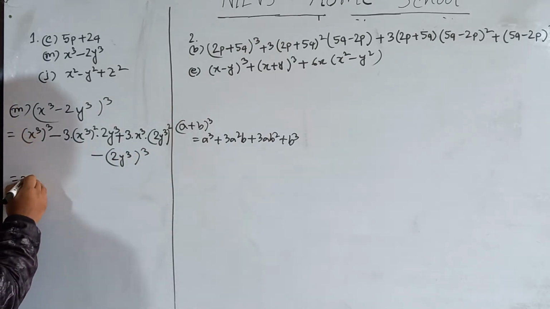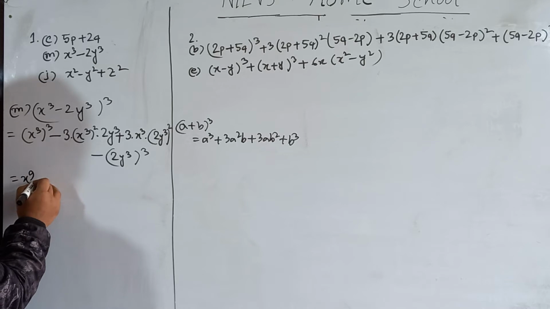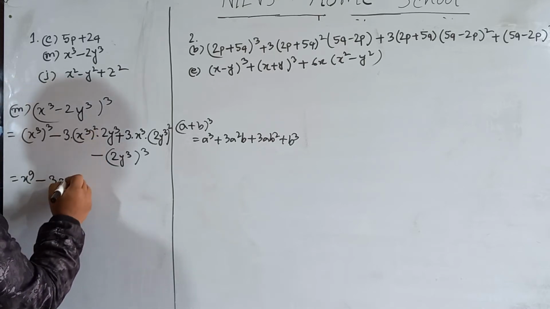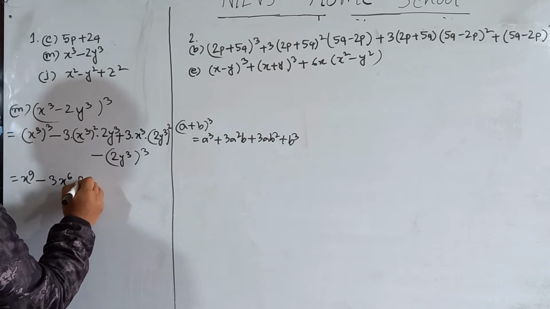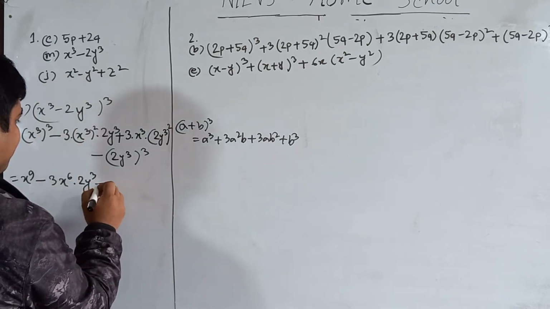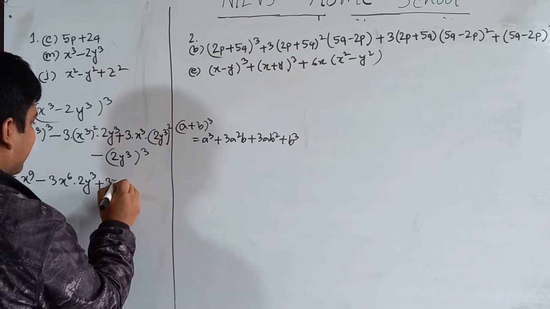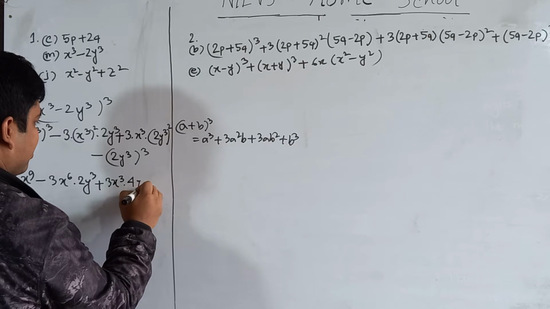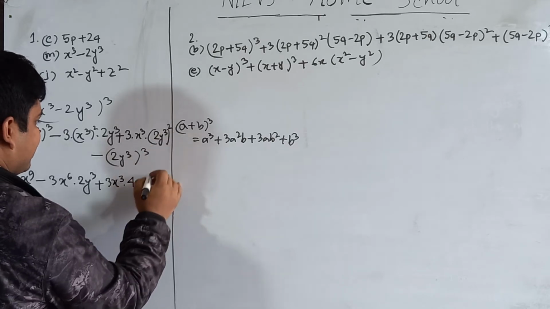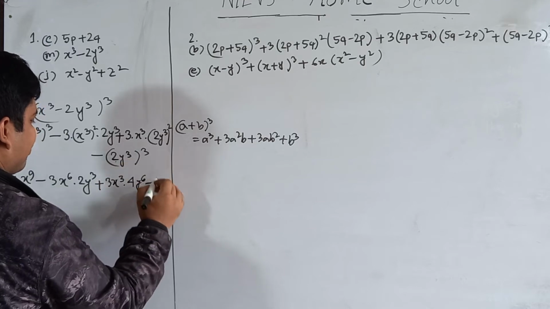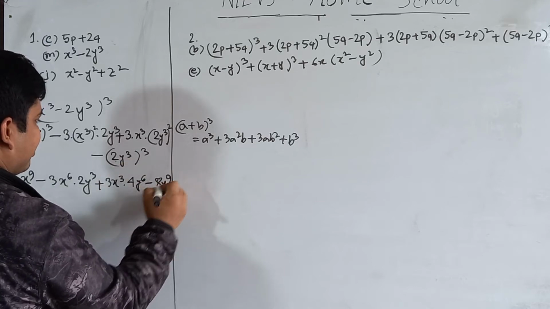So x cube whole cube, 3 3s are 9, x to the power 9 minus 3 into x to the power 6 into 2y cube plus 3 into x cube into 2 square means 4, y cube square means y to the power 6, minus 2 cube means 8 and y to the power 9.